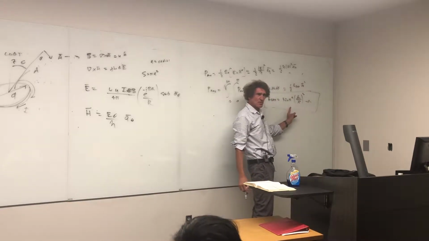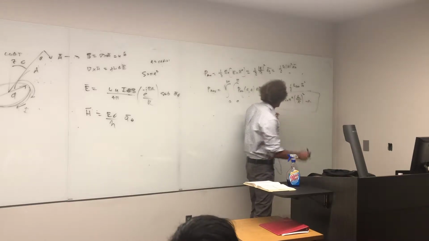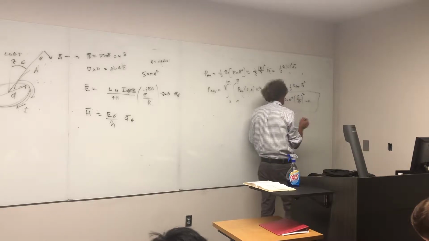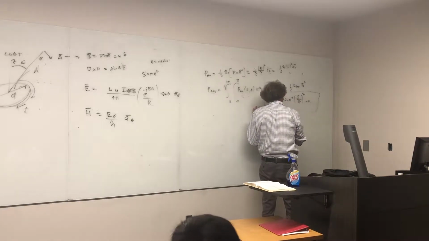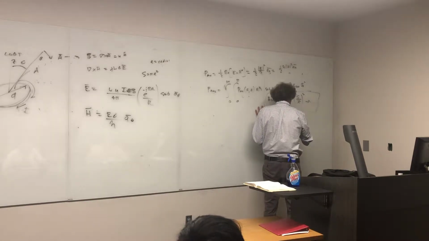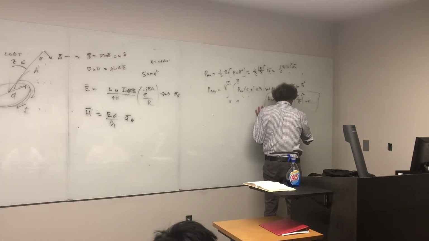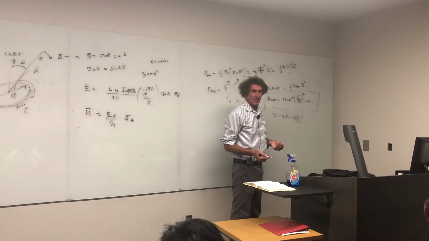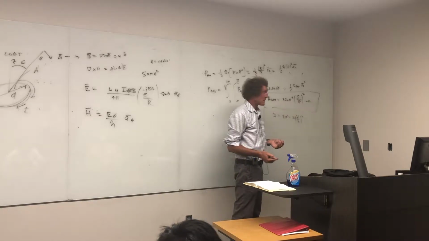Isn't this the formula your book has? Oh, I'm sorry, S, my bad. And S is equal to pi a squared, or pi d over 2 squared, or pi times d squared over 4. And d would be the diameter, a would be the radius that you'd put in there.